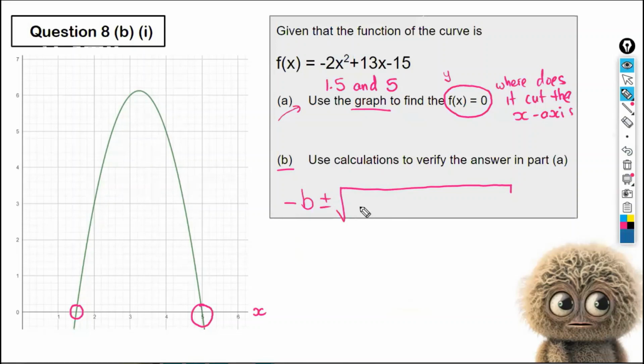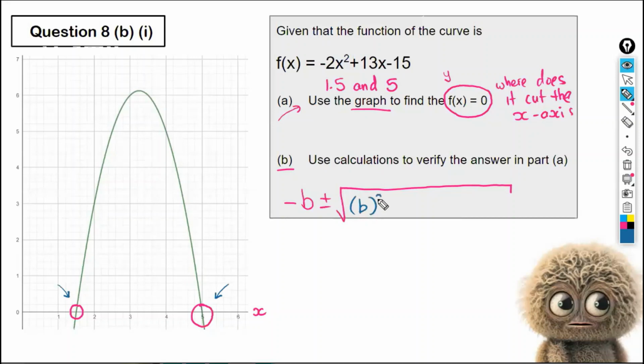In the majority of the cases, we will get two answers. Those two answers represent where it cuts the x-axis. Another way of saying where it cuts the x-axis is the solutions to a quadratic. When you solve a quadratic, you're already trying to figure out where it cuts the x-axis, you know.